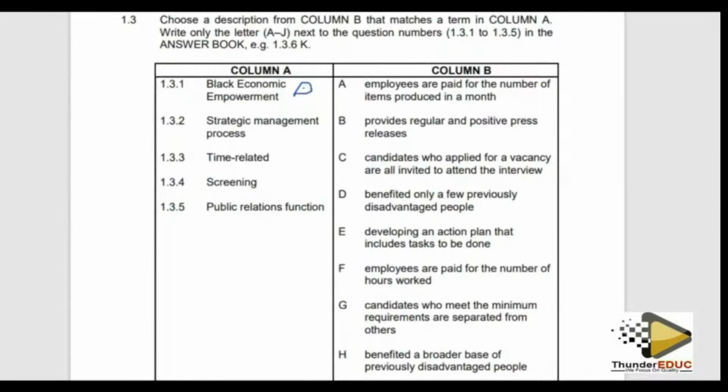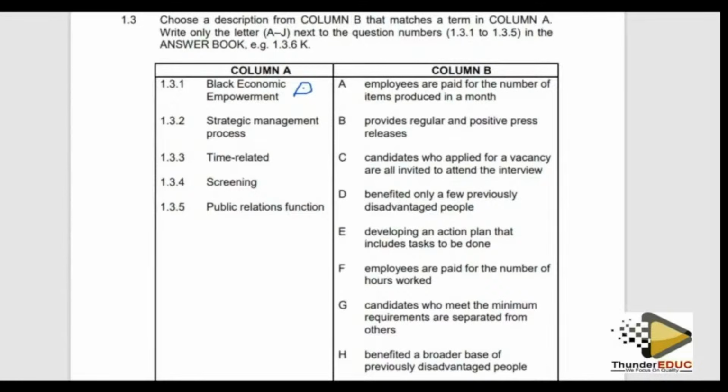So now moving on to the next question, we have 1.3.2. It addresses the issue of strategic management process. To be strategic in a business, it means the business should always take into account the action plan.